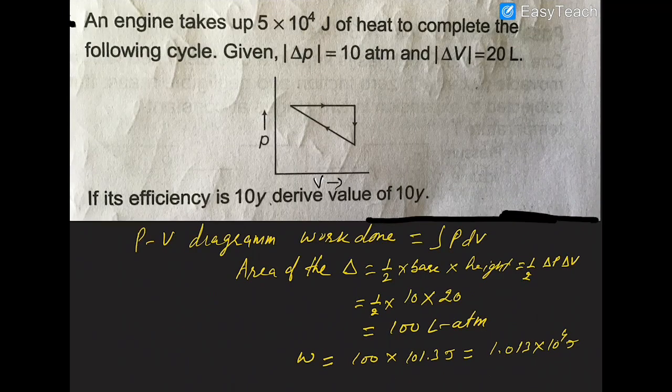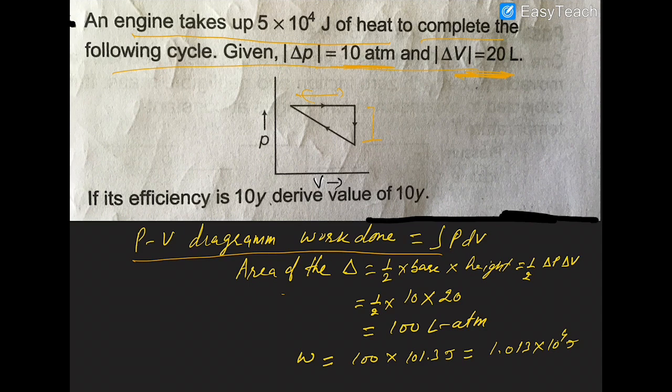The engine takes up that much heat to complete the following cycle. So the change in pressure is 10 and the change in volume is 20. The PV diagram shows that work is done like this, P delta V. The area under the curve is called the net work done.